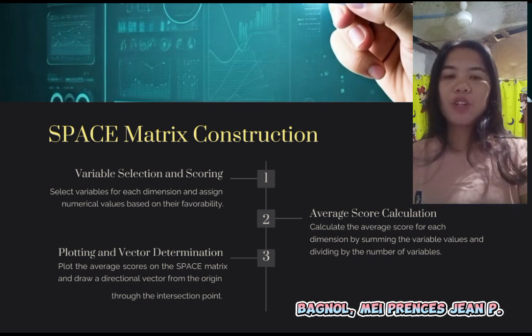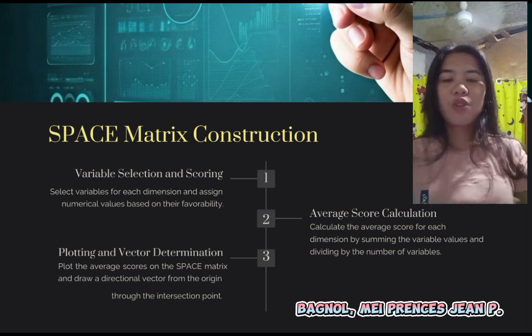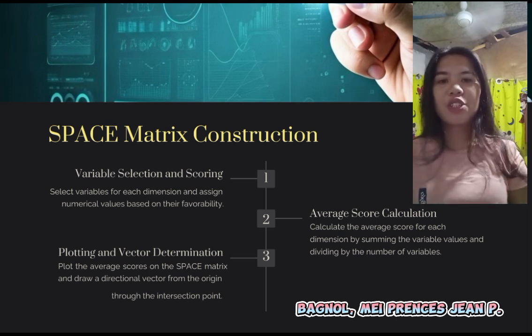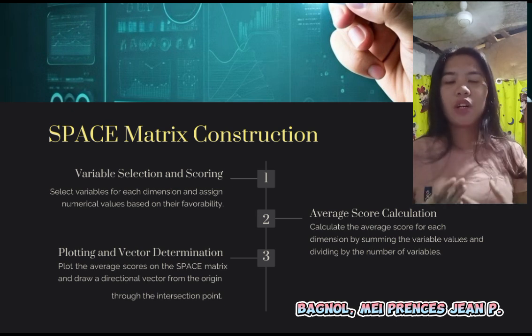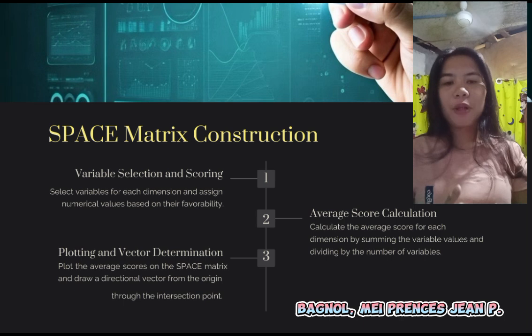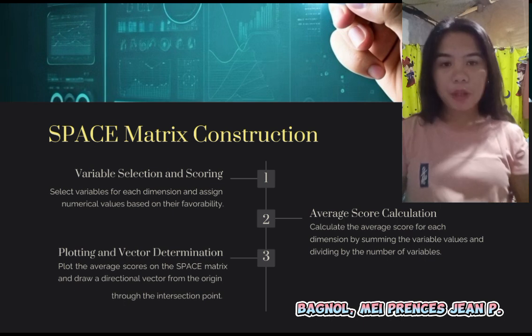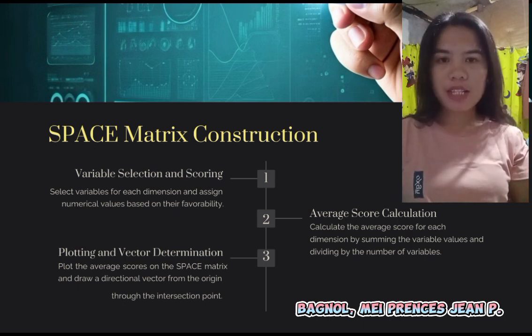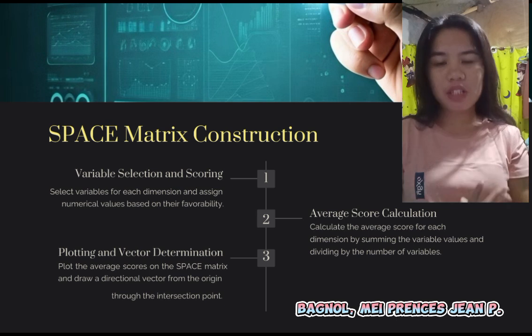For the plot and draw vector, after scoring, plot the average scores on the matrix, then draw a line from the center of the matrix through the point where the scores meet to show the hotel's strategic direction. For example, a hotel with strong customer service and moderate competition might lean toward a growth strategy.